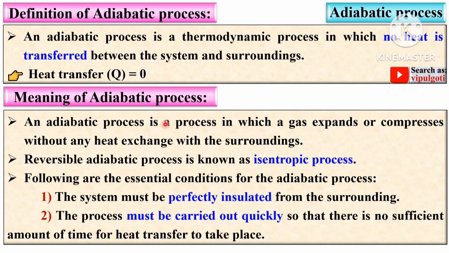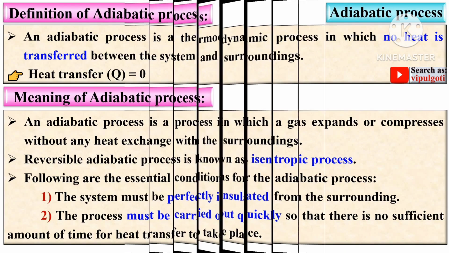Very simple. For the adiabatic process, no heat is transferred, so indirectly you can say Q = 0. These are the two conditions for the adiabatic process: the system must be perfectly insulated and the process must be carried out quickly.